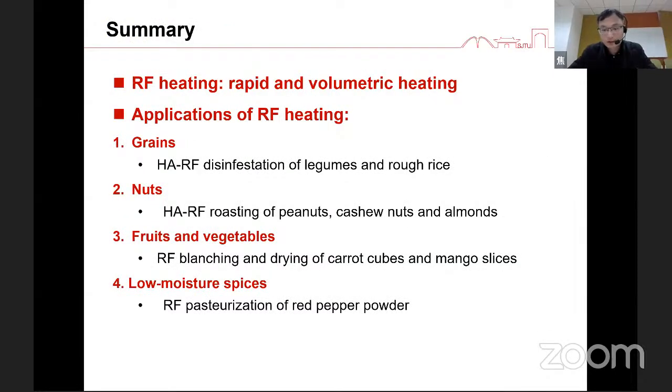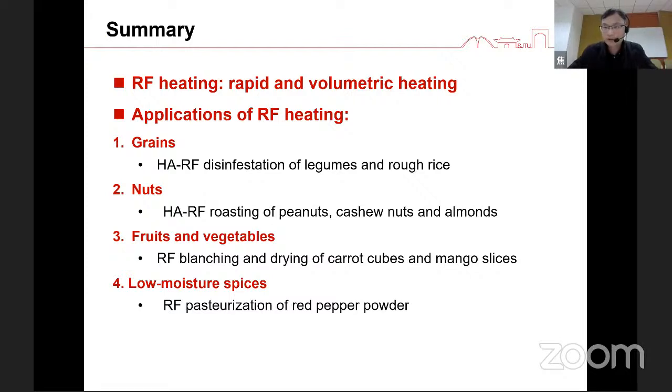So this is almost the end of my lecture today, and this is a brief summary. It's about RF heating. We should know that it's a rapid and volumetric heating method, and the main heating mechanisms are dipole rotation and ionic oscillation.